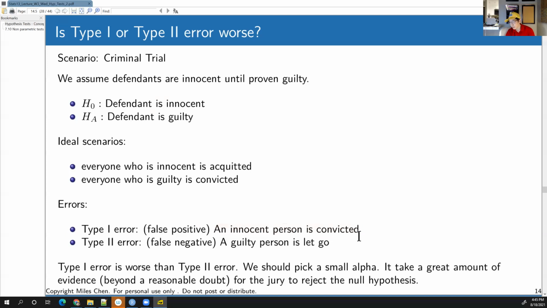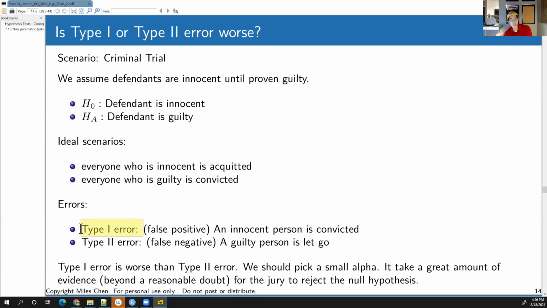That would be one of the arguments against having capital punishment to begin with, is that, again, you cannot completely eliminate the risk of type 1 error. The only way to eliminate the risk of type 1 error is to never reject the null hypothesis, right? So you could say, I want to reduce my risk of type 1 error by having alpha equal to 0, okay?